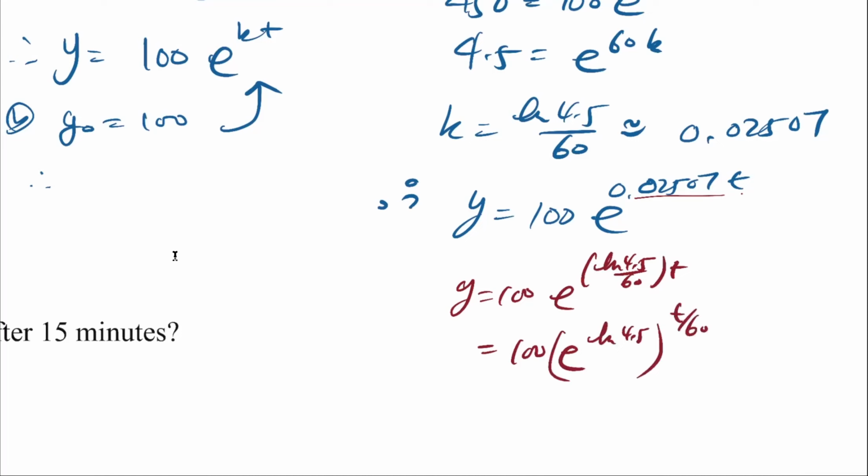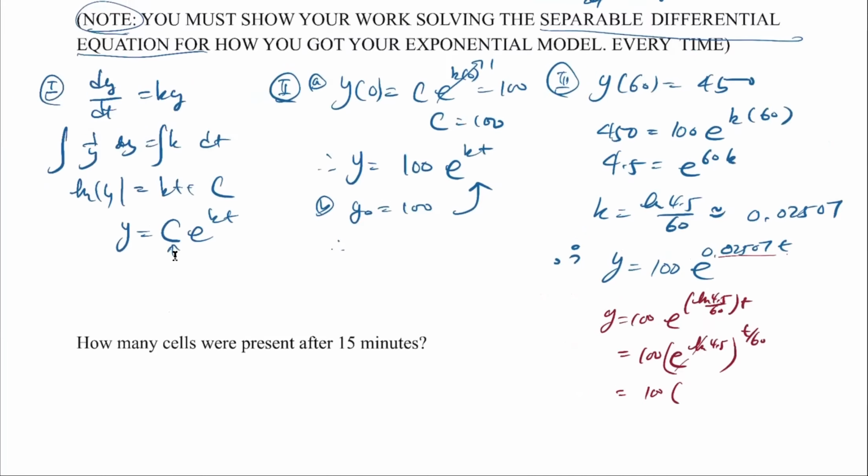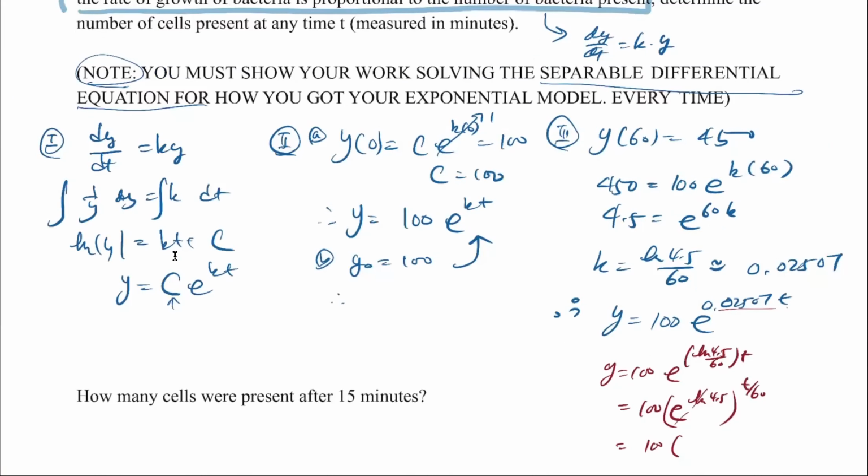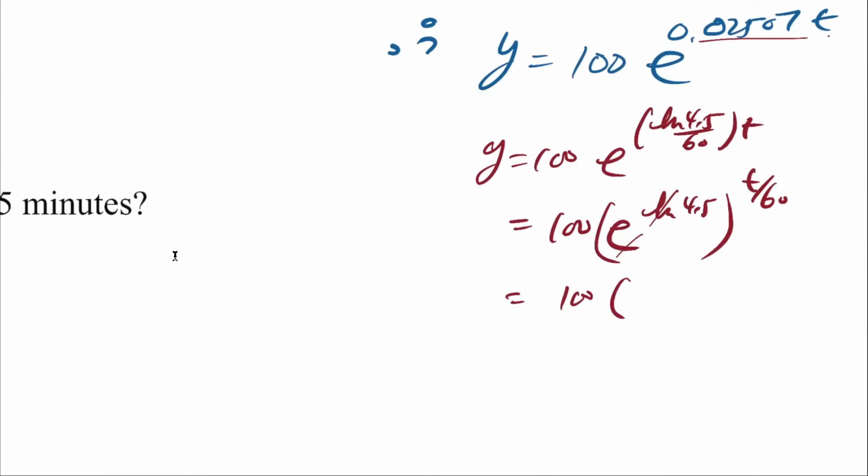But where would we get that 4.5 in the first place? Well, that was 450 over 100, right, over 60 right there.